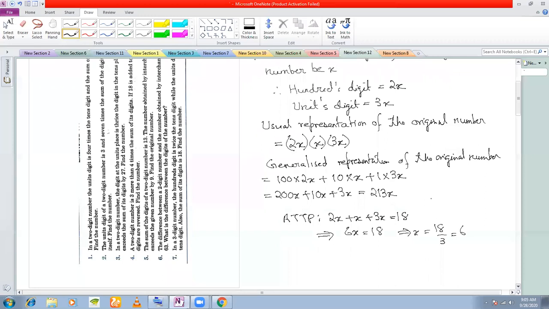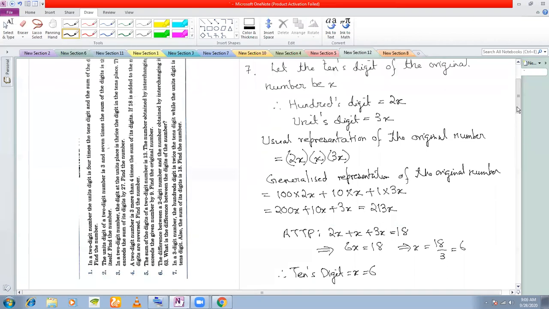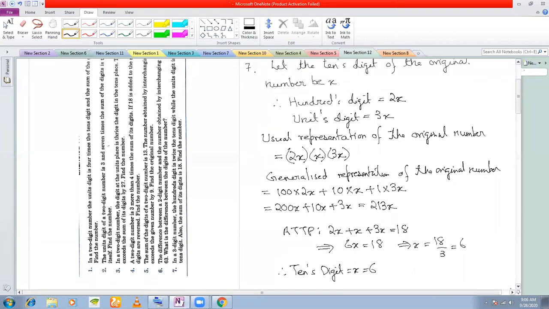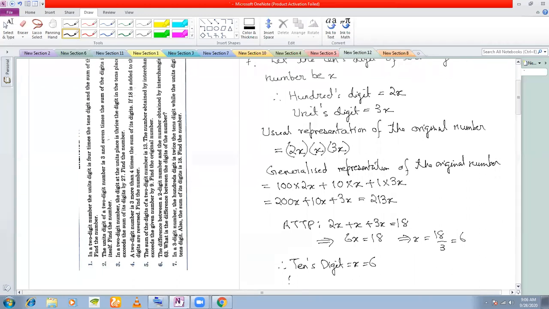And what is x? x is the tens digit. So therefore tens digit is equal to x is equal to 3. Next is your hundredths digit. What is the hundredths digit? 2x.